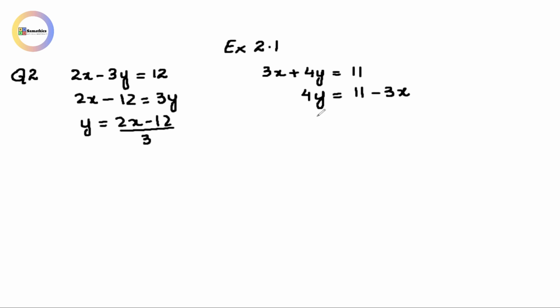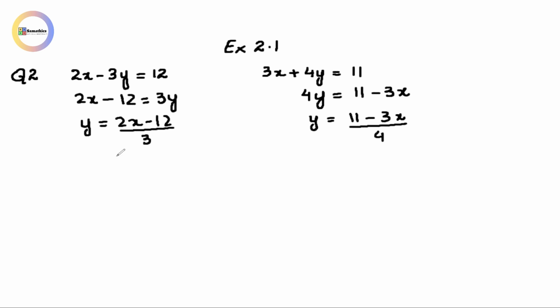Now in this it will become y is equal to 11 minus 3x upon 4. Now both are the values of y. If we substitute this value of y over here or over here, it is the same. It means that we can equate the y values.